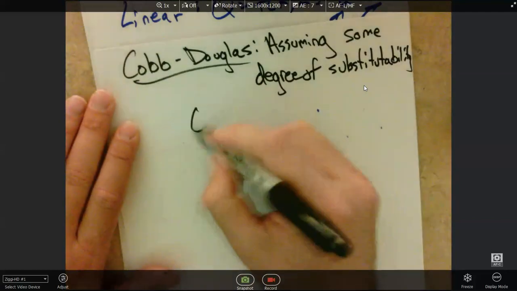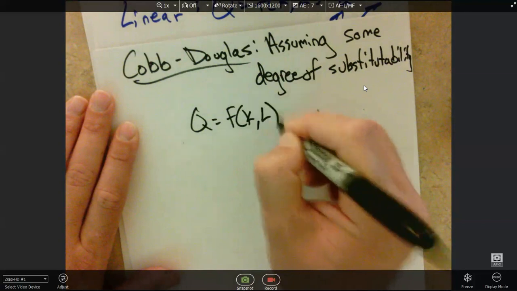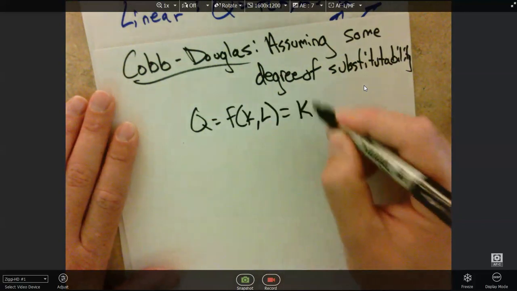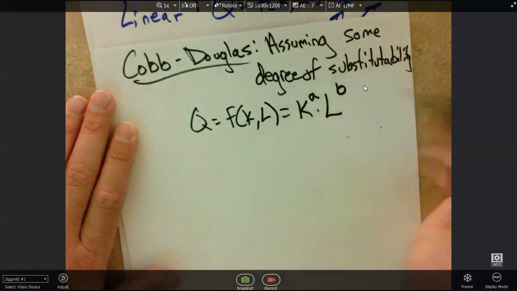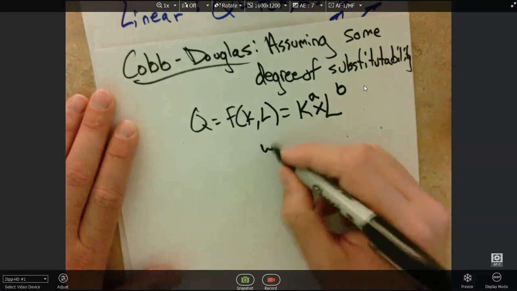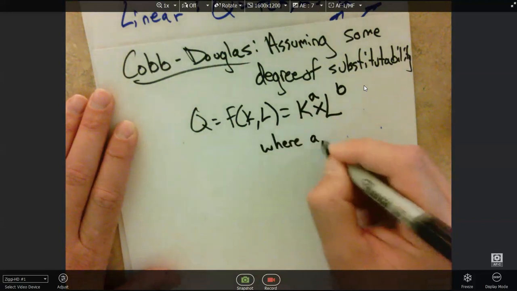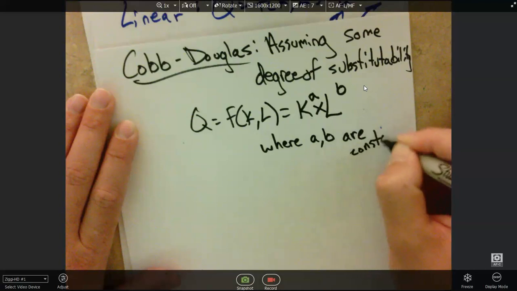So we've got Q equals F of K and L equals K to the A power, L to the B power. These are multiplied by each other, where A and B are constants. Yes, that's a times.